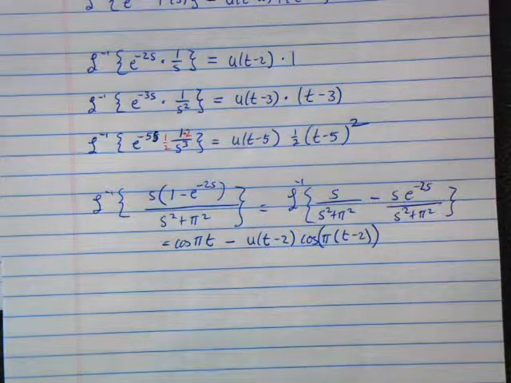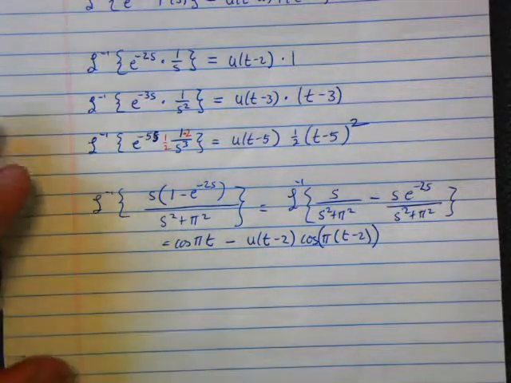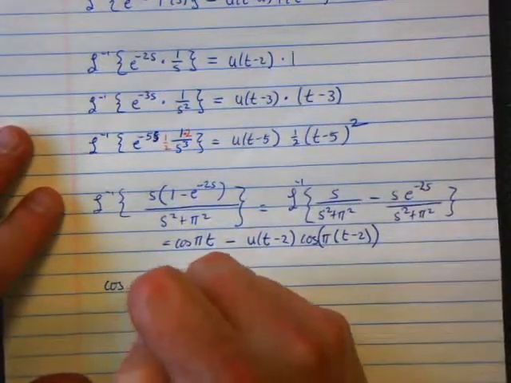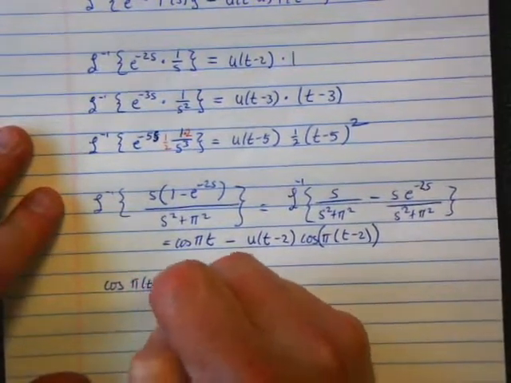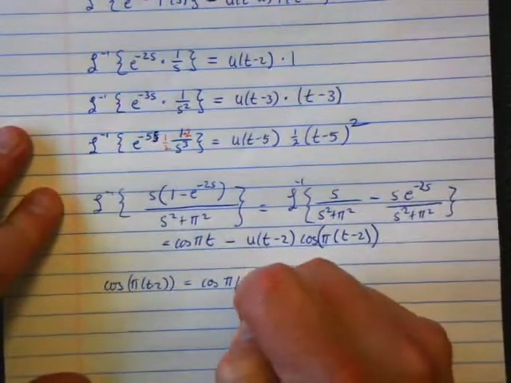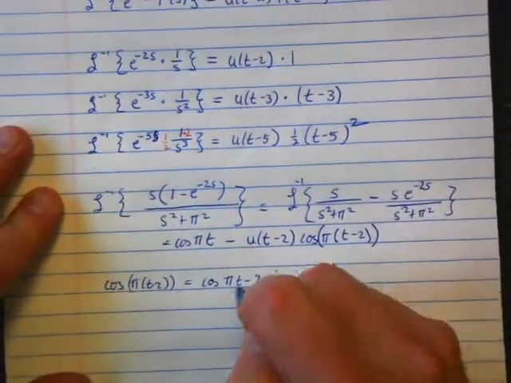Now, you go to look up the answer in the back of your book, and that's not the answer, because the back of your book likes to play this trick. Cosine of pi times t minus 2 is cosine of pi t minus 2 pi.